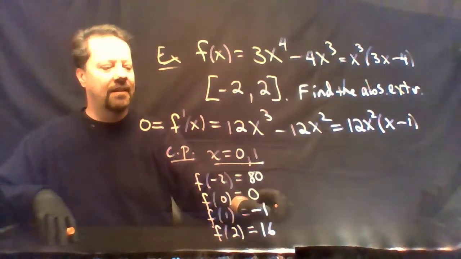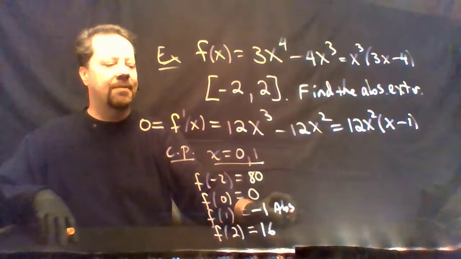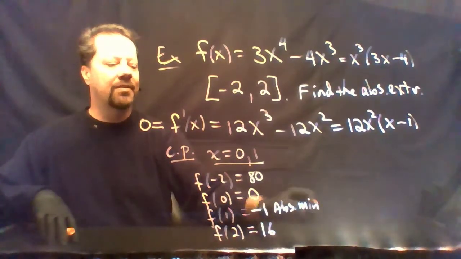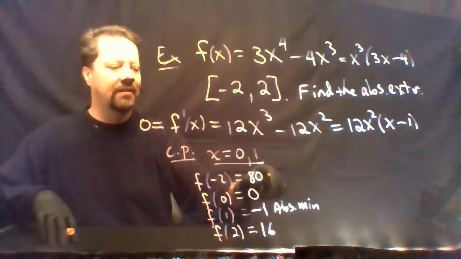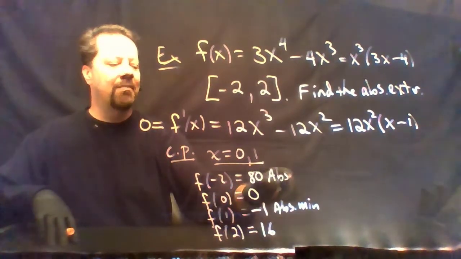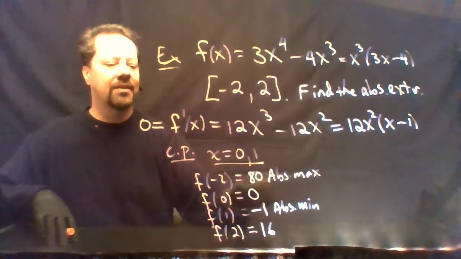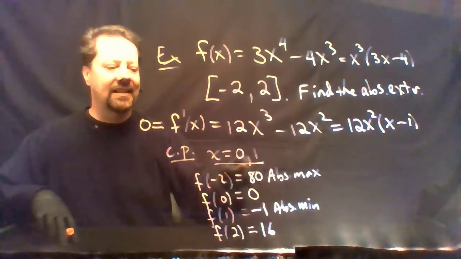It follows then that the absolute minimum occurs at x equals 1 and has a height of -1, and the absolute max occurs at -2 and has a height of 80.